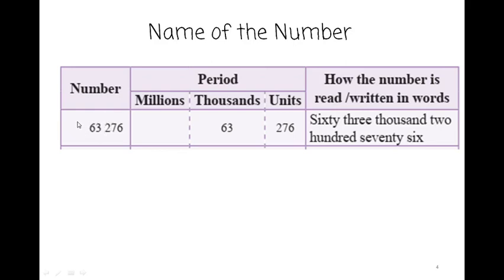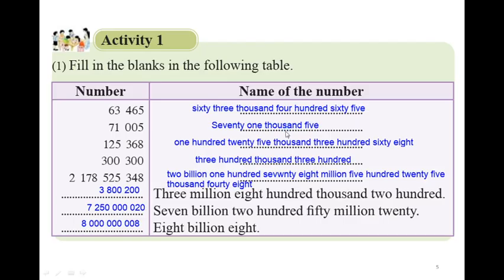We don't have any million zone digits, so that zone is empty. We have 63 in the thousand zone and 276 in the unit zone. Now how do we read this number? We don't have millions. We have thousands. What's the value? 63,000. 63,276. That's how we read the number.